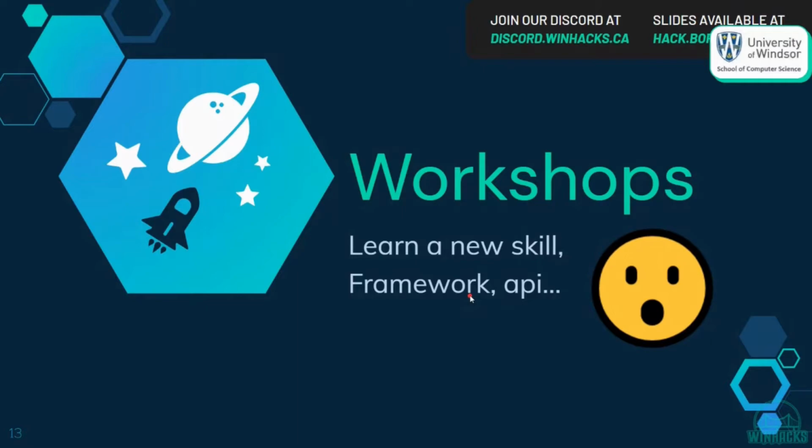They're events that you can just go right into, and a lot of times it'll feed directly into one of the challenges. So we may have a Google Cloud Platform workshop, and we may also have a Google Cloud Platform challenge, right? So a lot of times going to these workshops can be good, because you'll not only learn something new, but you'll learn something that is related to one of the challenges that you may want to compete in.